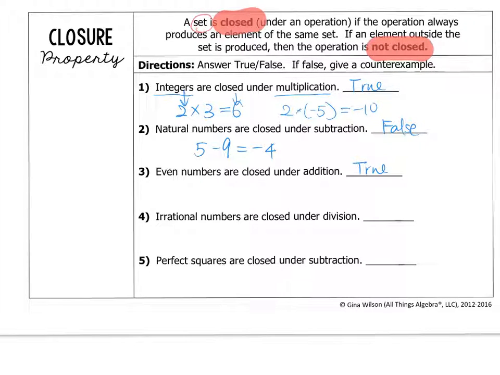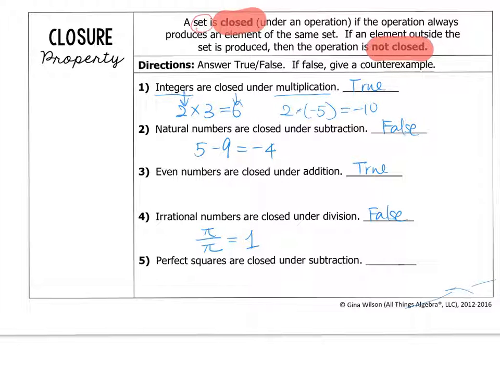Number 4, irrational numbers are closed under division. Be very careful. Our favorite number divided by itself, I have 1. That's a counterexample. And 1 is not an irrational number, right? So this one is false.